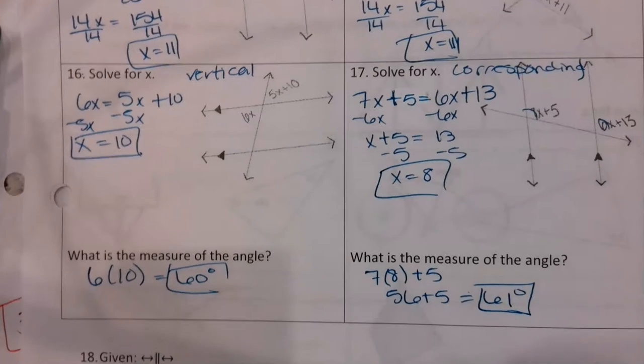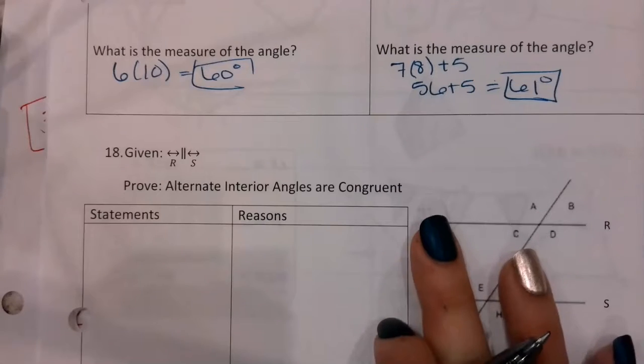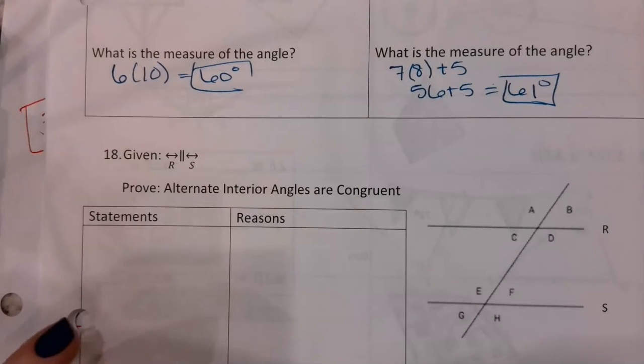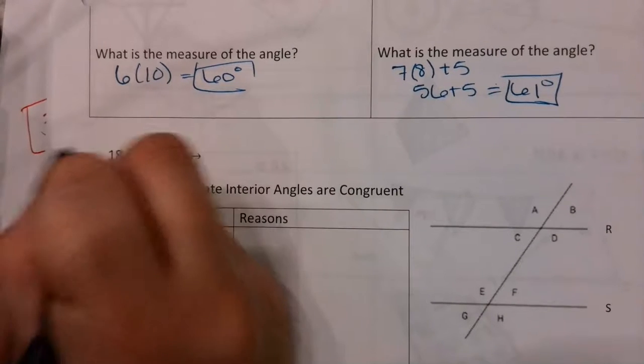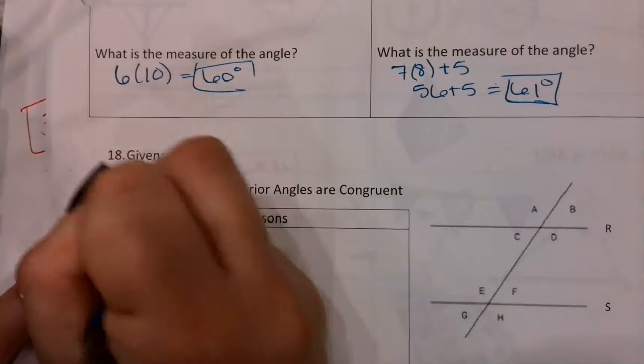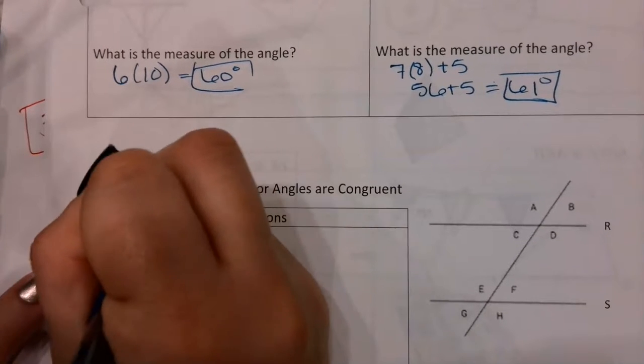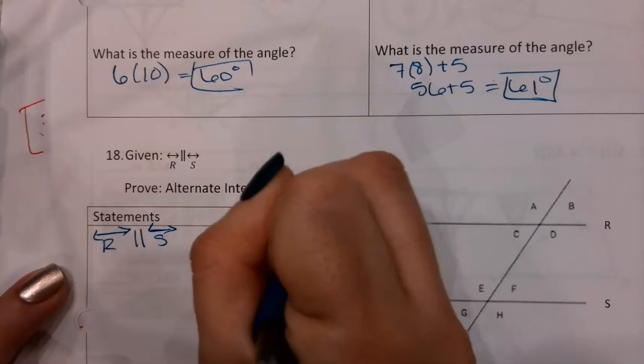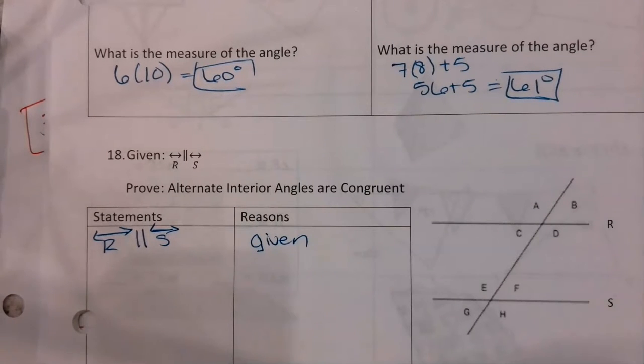Okay. This one wants me to prove, given that the two lines are parallel, that alternate interior angles are congruent. So I'm going to start off with my given. R is parallel to S. Then I want to pick a pair of corresponding angles.